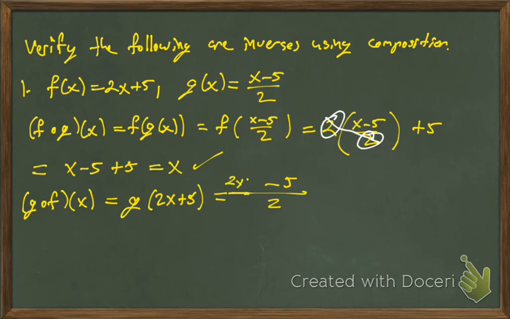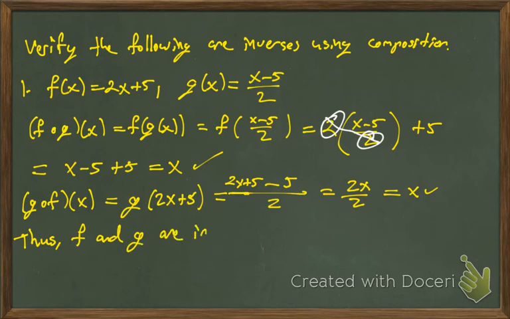Input is 2x plus 5. So we'll work out the top and simplify it down. The plus 5 and minus 5 will absorb. And then we have 2x over 2, and those will divide out, and we'll be left with x. So we got x both ways. That tells us that f and g are inverses of each other.